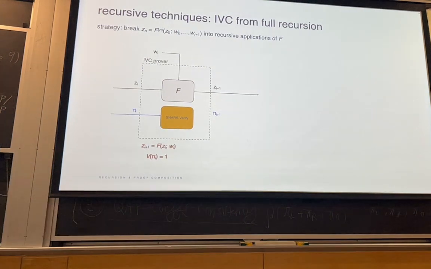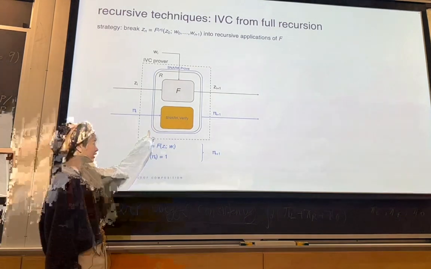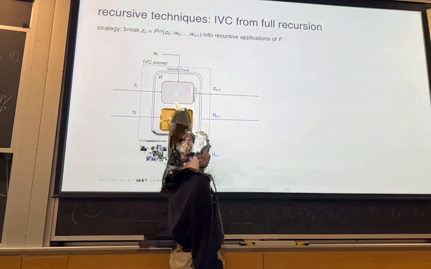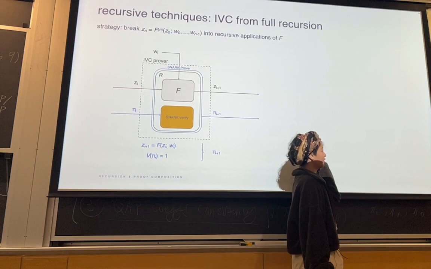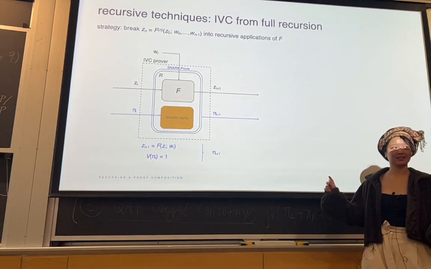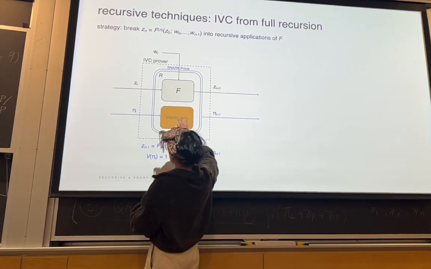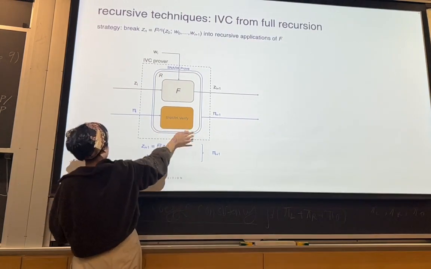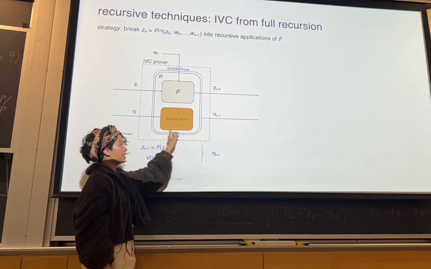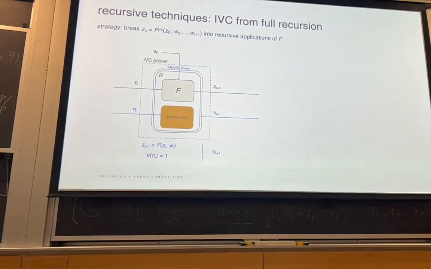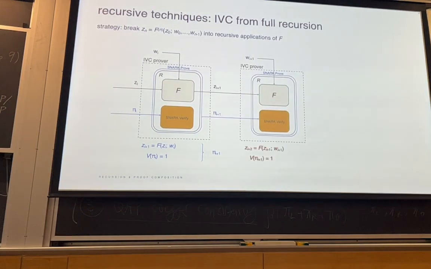And the input to this verification circuit is, in fact, the proof of the recursive circuit. So the proof of these two circuits as a bundle is input into the next verifier, for example.